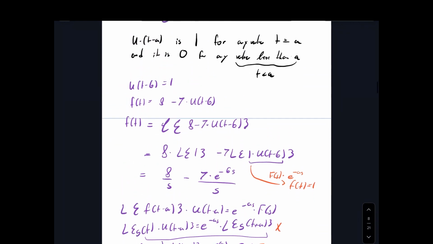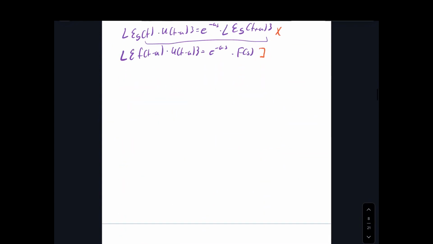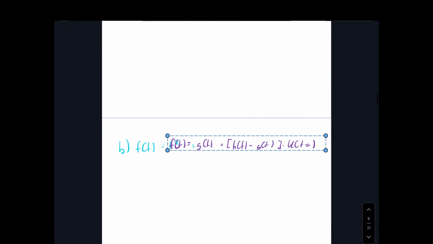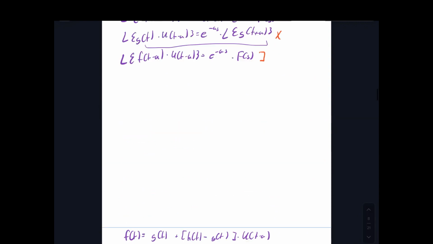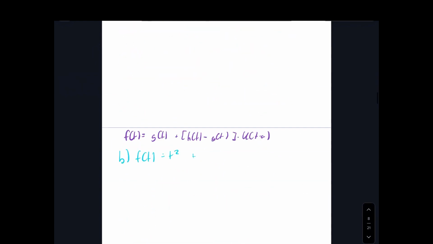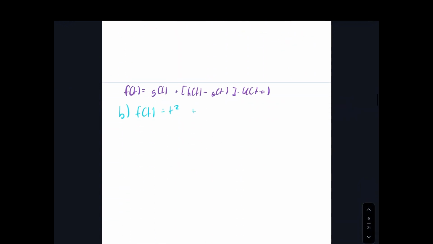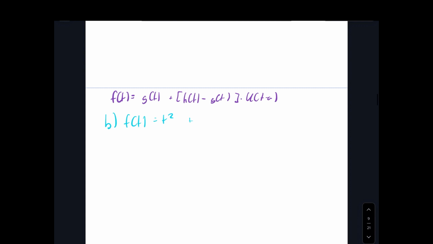So in this case, let me copy and paste it. Okay, so if this is what our function is, and copy and paste this as well. Oh, I guess I can't just paste it, but that's fine.